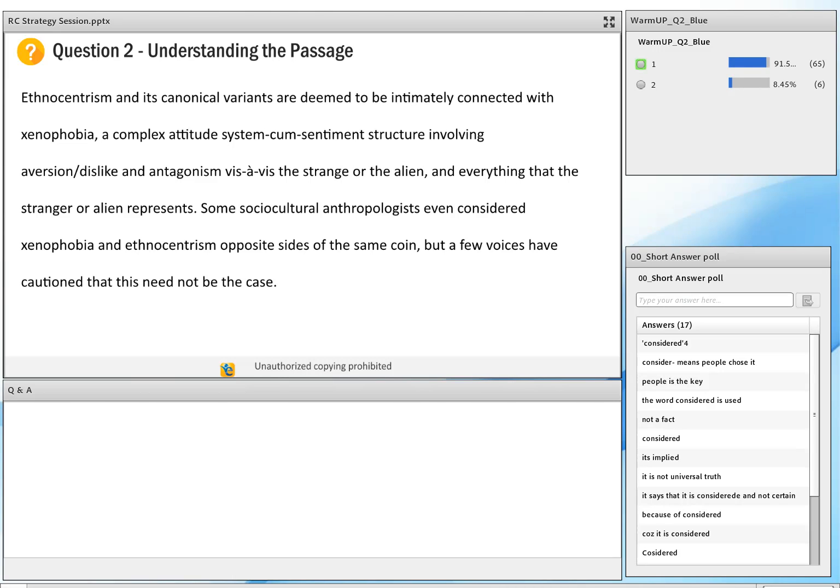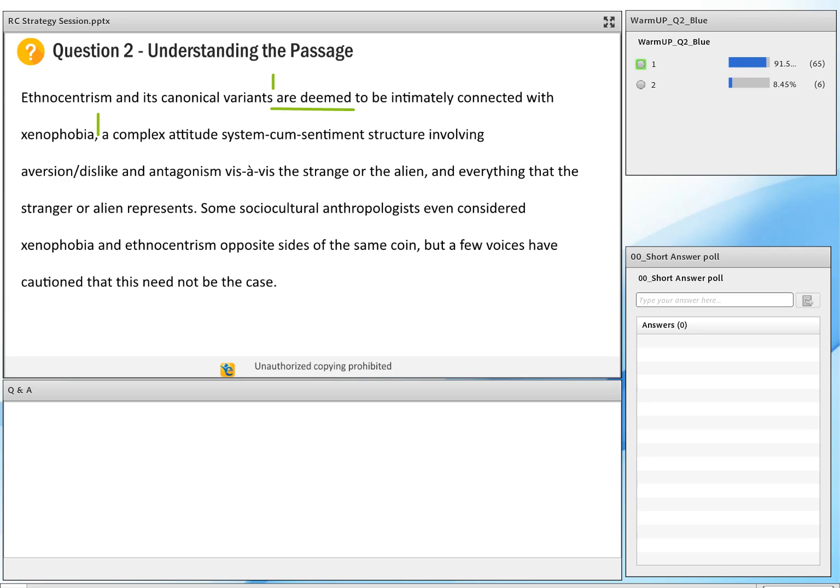Ethnocentrism, EC, and its canonical variants are deemed to be intimately connected with xenophobia. So EC and variants are deemed to be closely connected with xenophobia. Okay, so tell me, what is the meaning of deemed? Considered, absolutely, similar to considered.